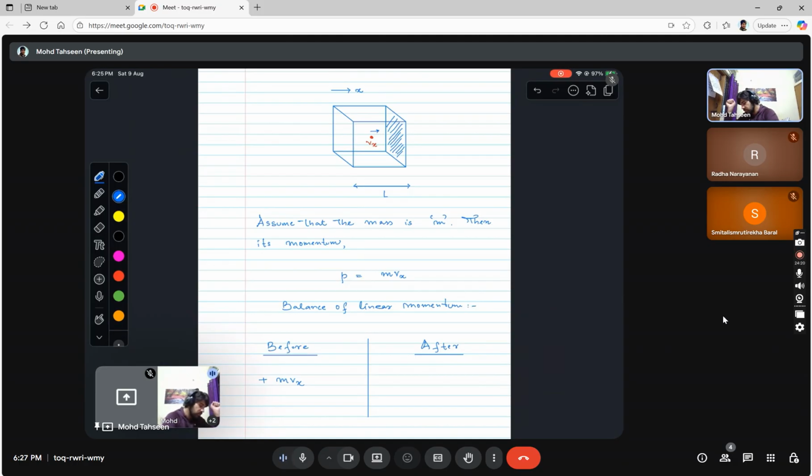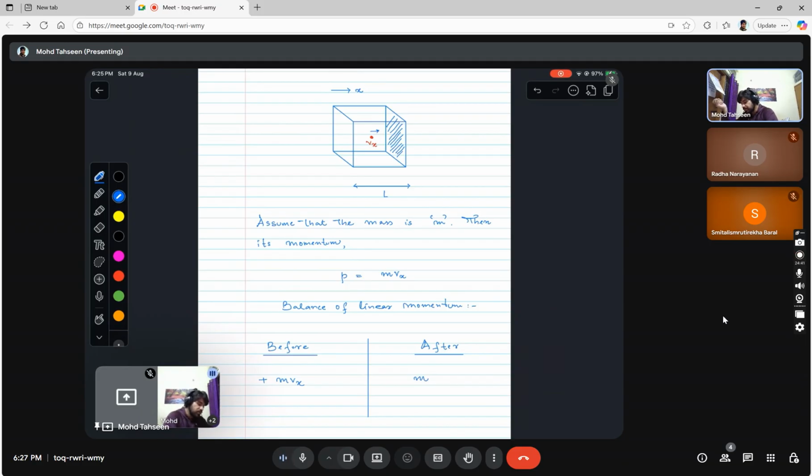And after the collision, again the wall is stationary, so there is no momentum contribution from the wall, but there will be a momentum contribution coming from the reflected particle.